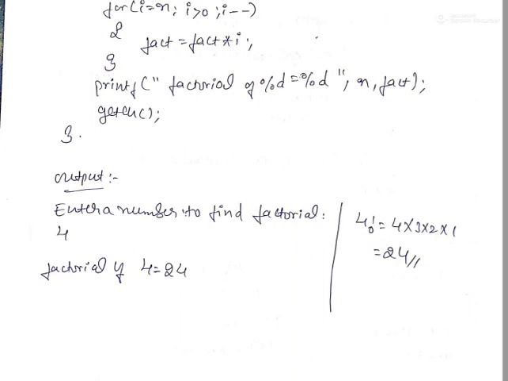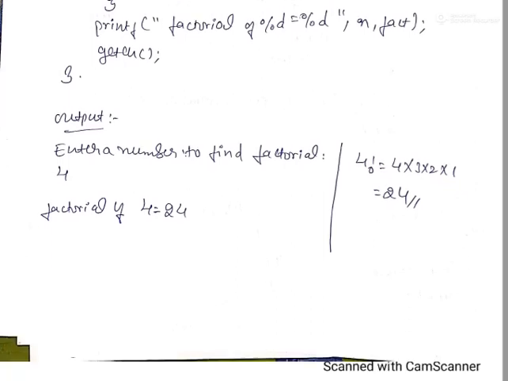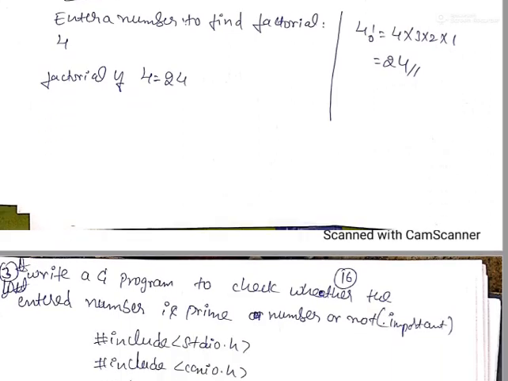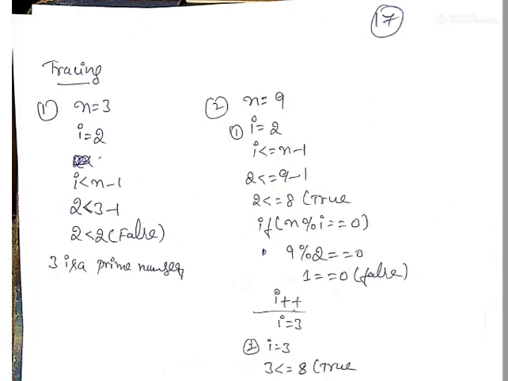So when you execute this program, first it will ask to enter the number to find the factorial. If you enter 4, it will print factorial of 4 is equal to 24. 4 factorial means 4 into 3 into 2 into 1. So here we find the factorial in decreasing order of natural numbers. Okay, I hope you understand this one. Try to execute these programs on your laptop or mobile.